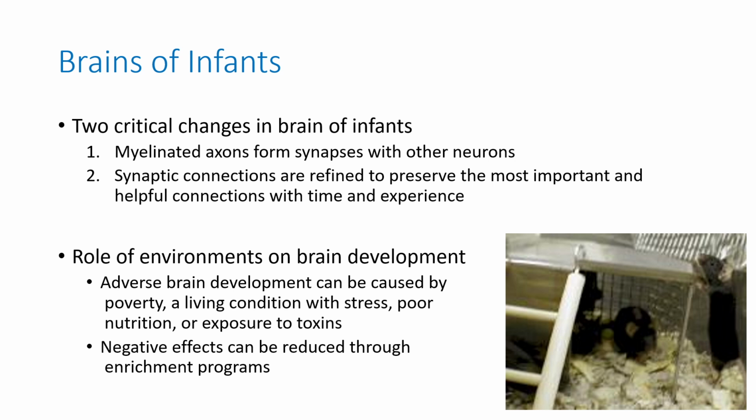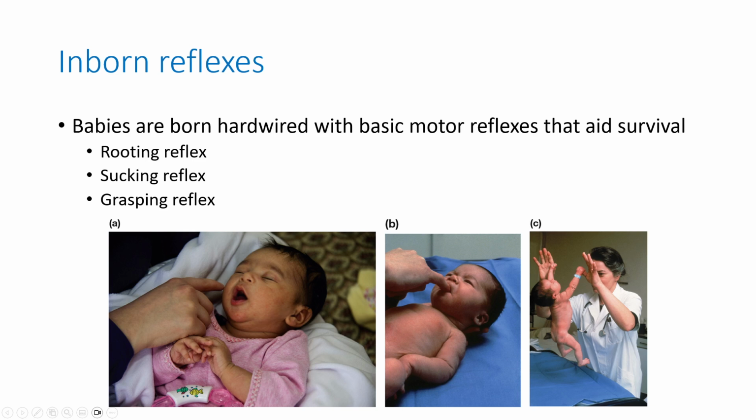Now, fortunately, these negative effects can be reduced through giving enrichment programs. So it is really important to have programs that can work with young children and can help overcome these possible adverse conditions.